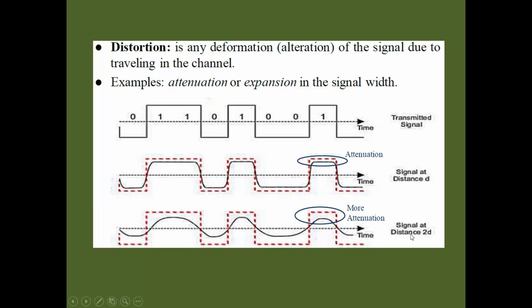The signal at a distance twice that is the second waveform. In the third waveform, more attenuation has occurred and more spreading of the signal into the neighboring bits. These two factors are what we term distortion in this signal.